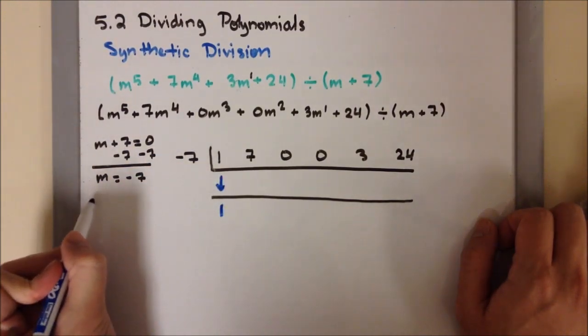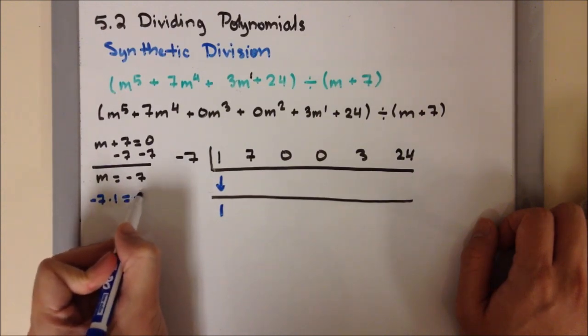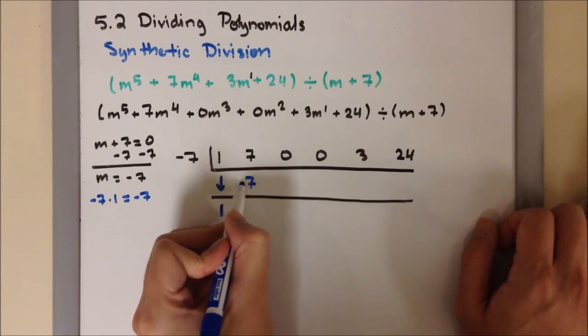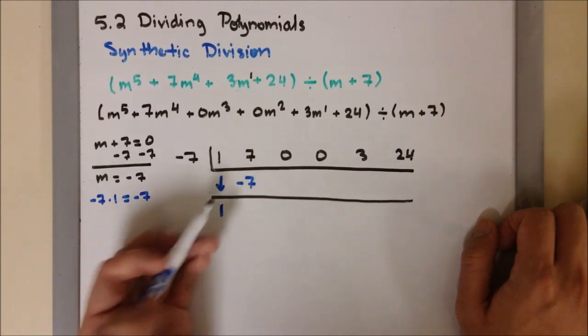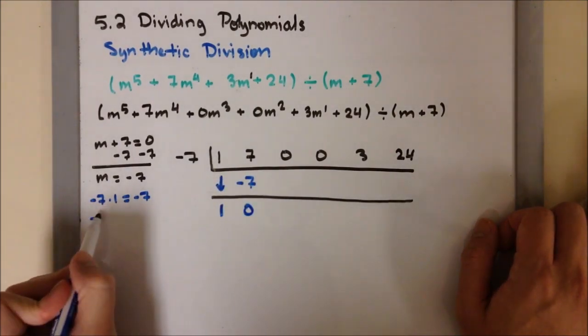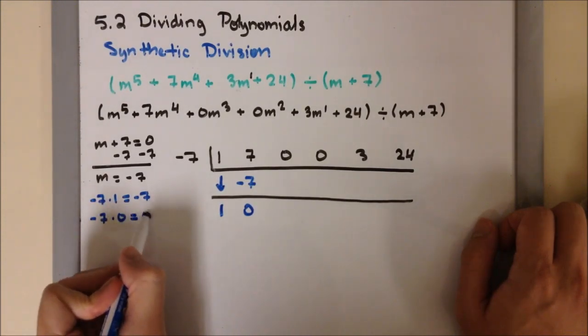So I do negative 7 times 1, which is just negative 7. Then I put it over here. So since it's negative, it's basically 7 minus 7, which is just 0. And then I do negative 7, repeat the process, times 0, which is just 0.